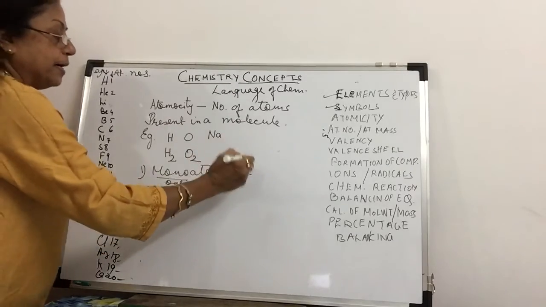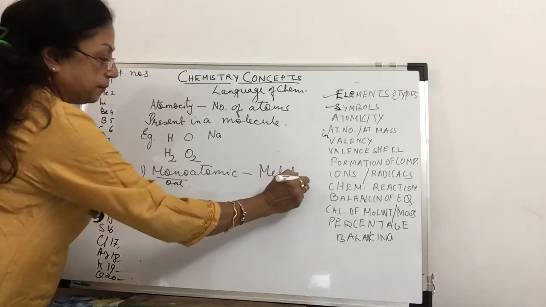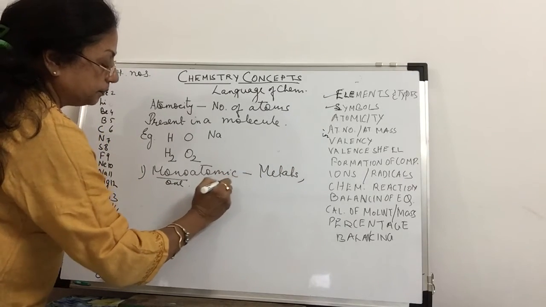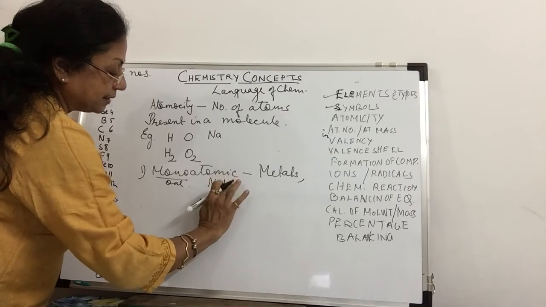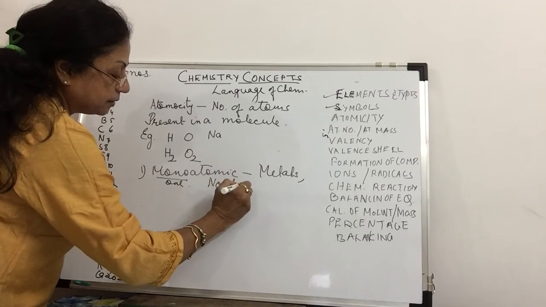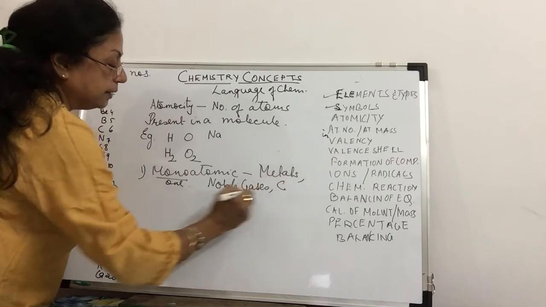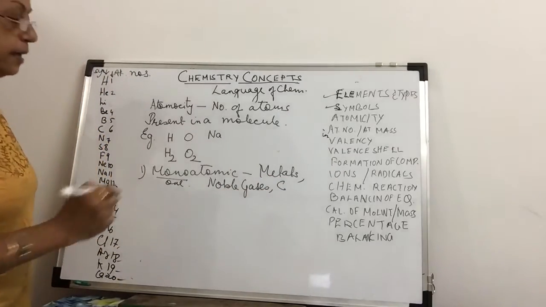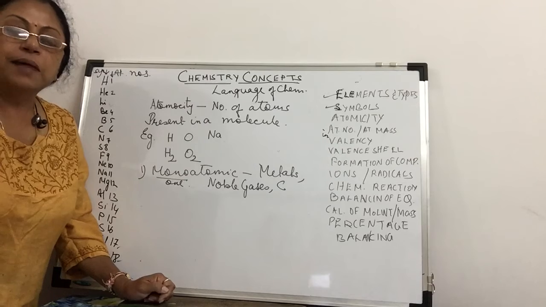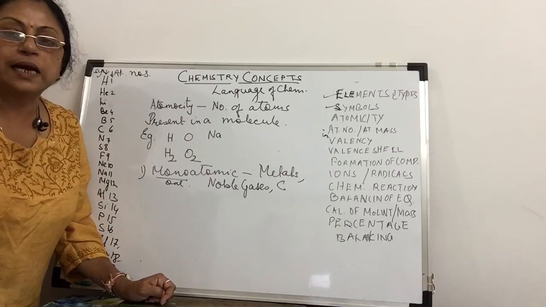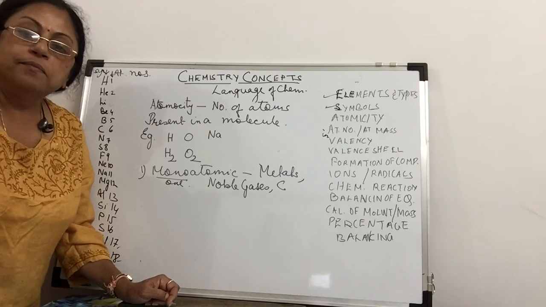Monoatomic means here the metals, then the noble gases or inert gases, and carbon. These are all monoatomic, because metals are which ones? Lithium, sodium, potassium, magnesium, calcium, whatever we are going to study, aluminium, these are all metals.